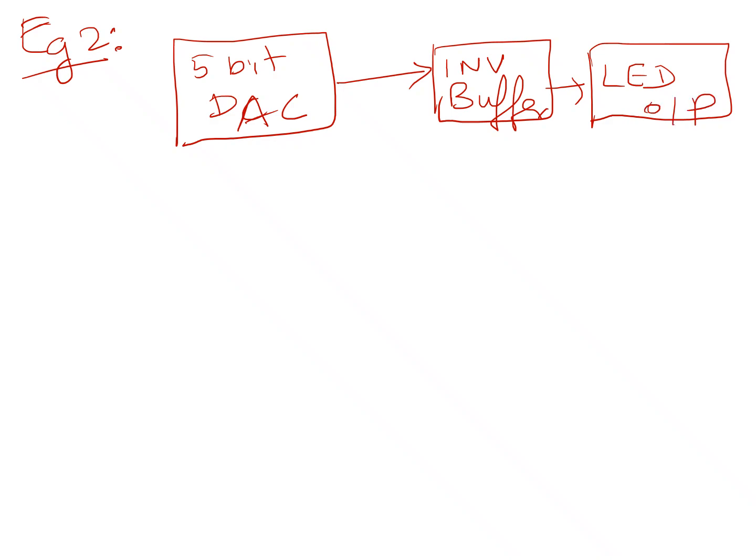The LED is the output. A digital input is given to a 5-bit binary weighted DAC, and the output of this will be an analog signal. This analog signal is fed to the LED output through a buffer.